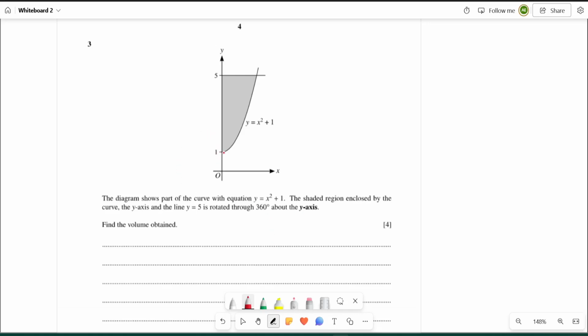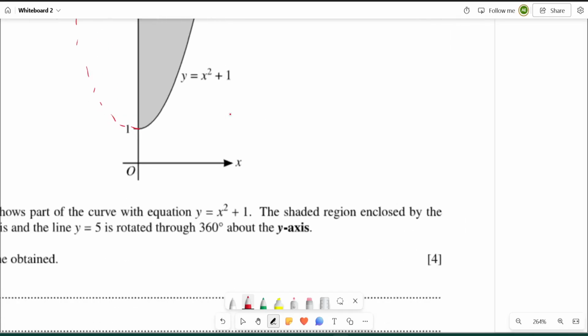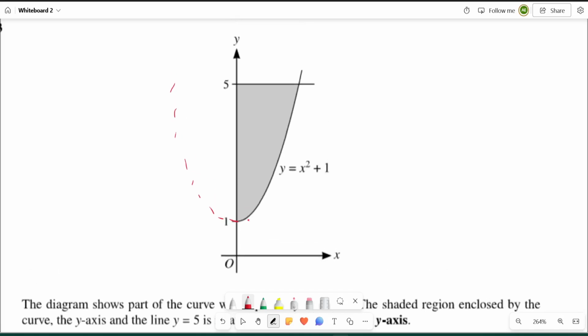So we're rotating now about the y-axis, so let's copy it. And let's say we're also going to do the same thing. We want to divide it into very small rectangles over here, and when we rotate one rectangle about the y-axis, it is going to give us something like this. So we're going to have this disk basically over here.